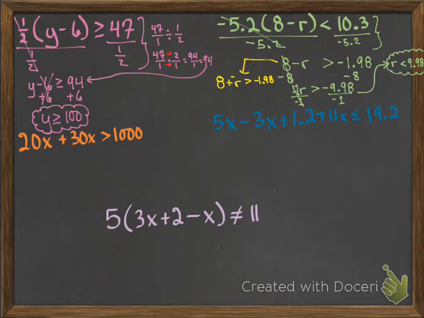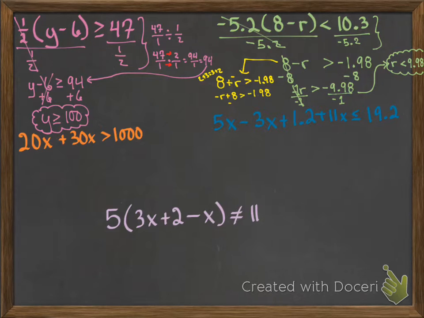Now, I want r by itself, so let's use the property of addition that tells me that 2 plus 3 is equal to 3 plus 2, and this is the commutative property. Order doesn't matter in addition. So I'm going to change it from 8 plus negative r to negative r plus 8 is greater than negative 1.98. And now some of you feel more comfortable working with addition.